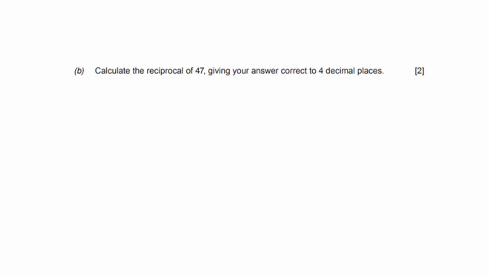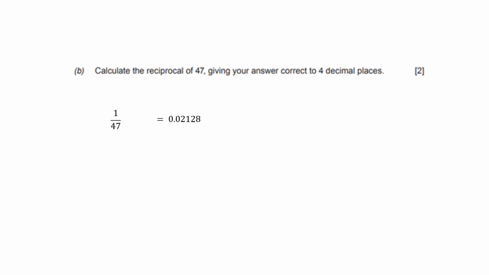Now, with part B, calculate the reciprocal of 47, give your answer correct to 4 decimal places. That is what reciprocal means. It means 1 over 47, or 1 divided by 47. If we work it out, we've written there 0.02128, 5 decimal places. If you notice, my initial answer is always 1 more than what the examiner has asked me for.